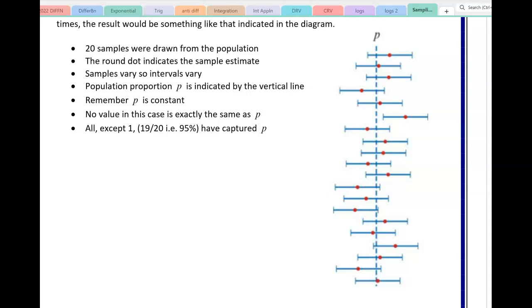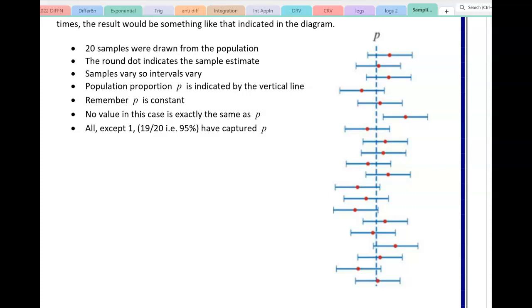So, the sample size has to be the same, obviously, for all samples, so that you've got that same interval width, because the standard deviation is based on n. And so what you can see here is even though we've got variations in our interval, all of them bar one captures that population proportion. And that's the point.